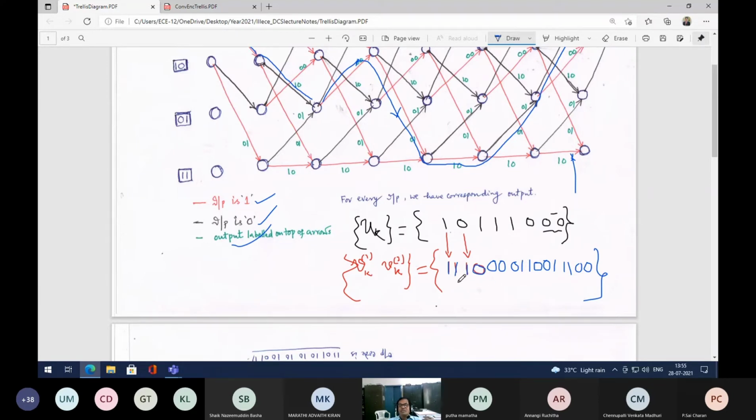Let us say this code word is transmitted through a binary symmetric channel, where the probability of occurrence of 0 is equal to the probability of occurrence of 1. If that is the case, I call it a binary symmetric channel. When I transmit this kind of code words through a binary symmetric channel, because of some noise, some bits are in error. Okay, let's take that particular situation.